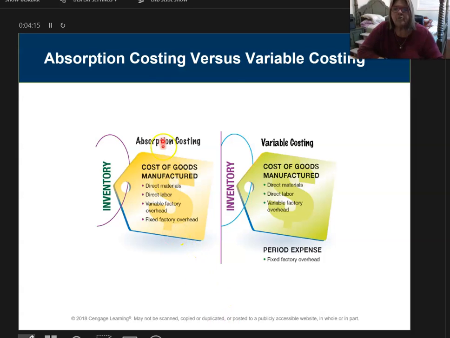So the difference between absorption, which is what we've been doing, and variable is how I count my factory overhead. My fixed factory overhead is part of inventory here, but it's not part of inventory in variable costing.